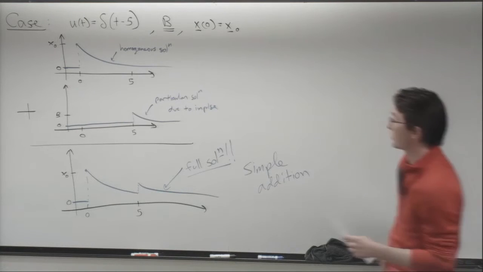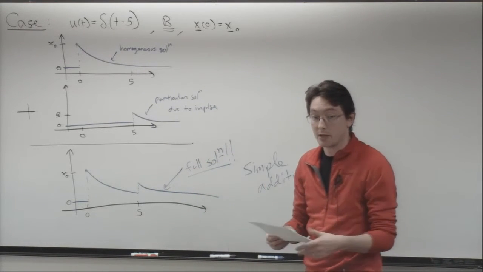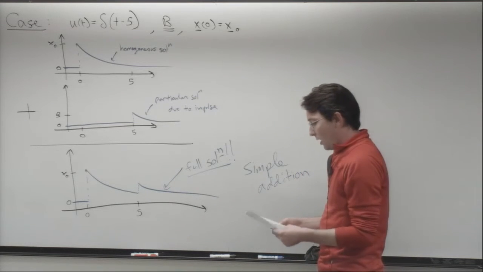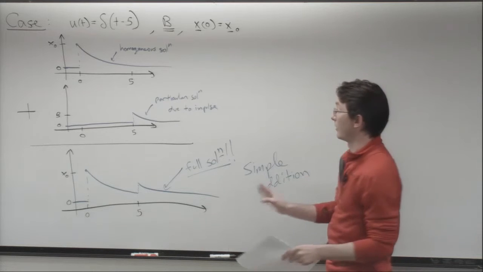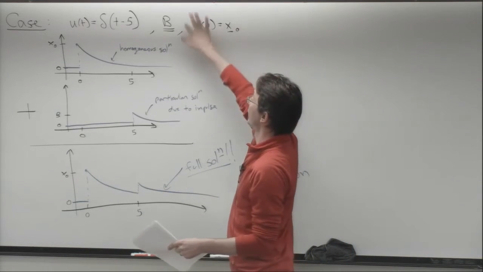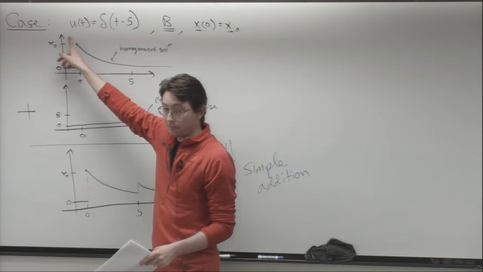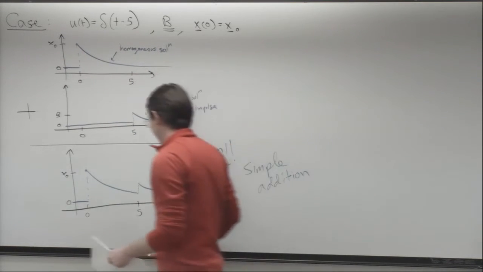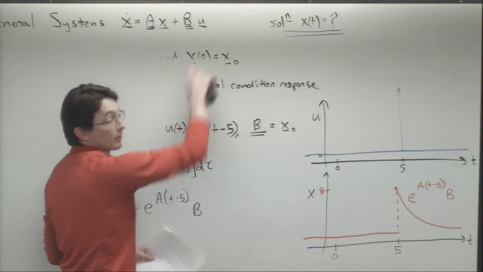We're also going to start seeing this in MATLAB in a little bit. We're going to start doing some simulations with generic forcing in MATLAB. But before we do that, I want to write down the full convolution integral for the most generic u. At this point, we are able to combine initial conditions with a single impulse in u, and the next step is pretty straightforward. We're going to essentially solve this system for an arbitrary function u.